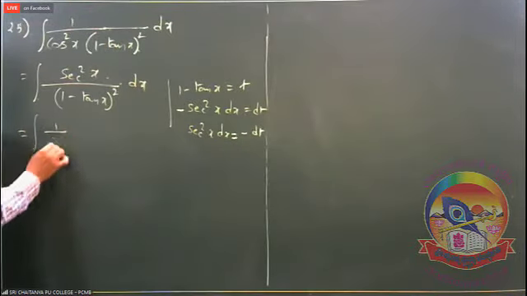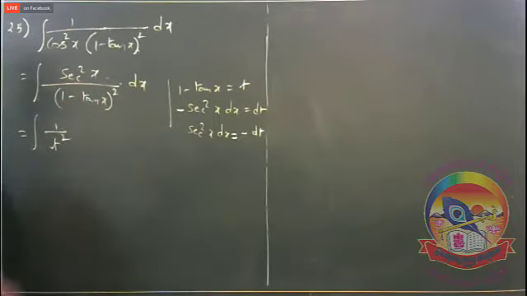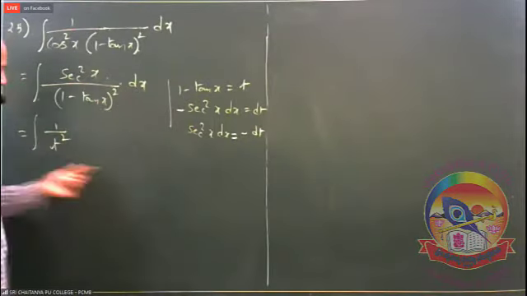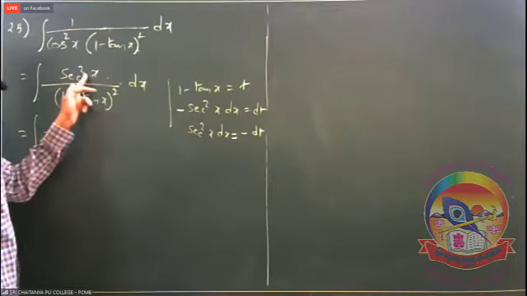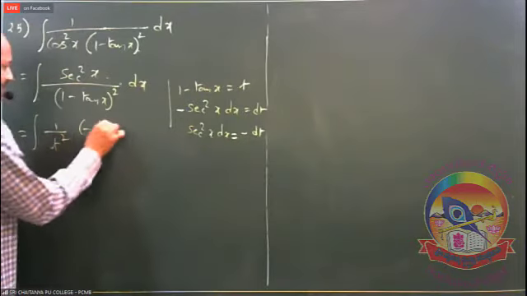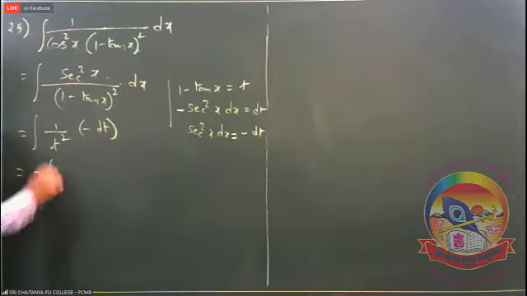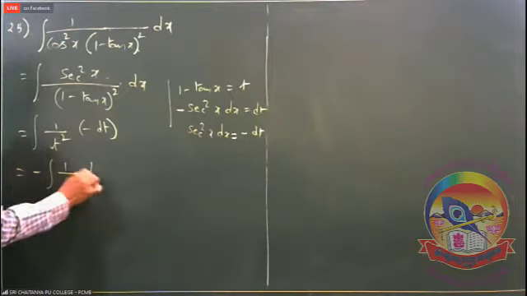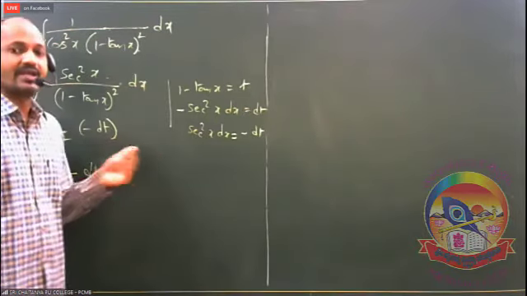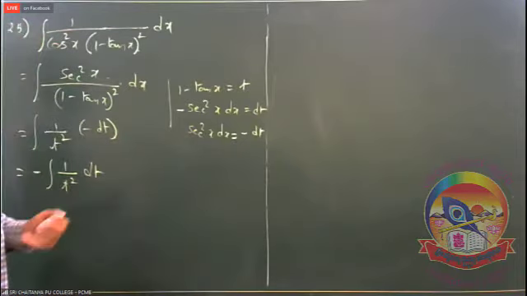So we have the integral of 1 by t square, where 1 minus tan x is t. 1 minus tan x whole square is t square, and the numerator secant square x dx is equal to minus dt. So minus integral of 1 by t square dt. Integral of 1 by t square means minus 1 by t.